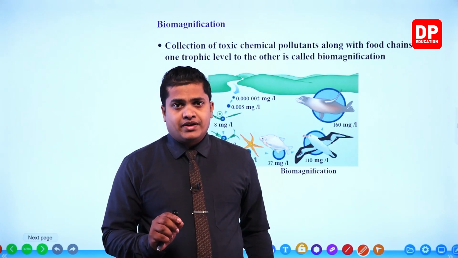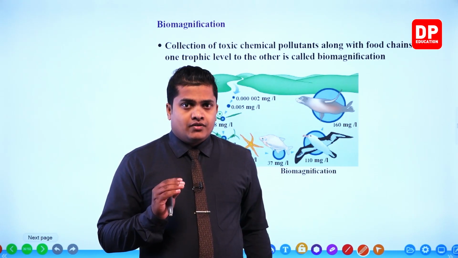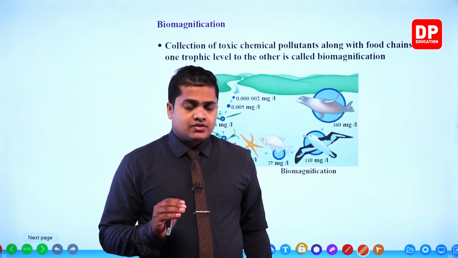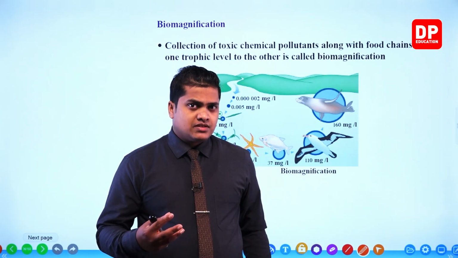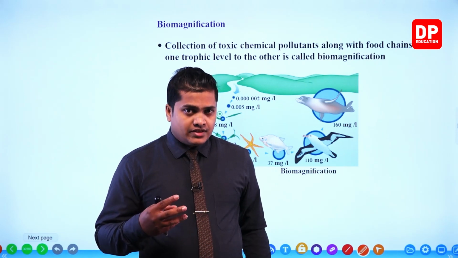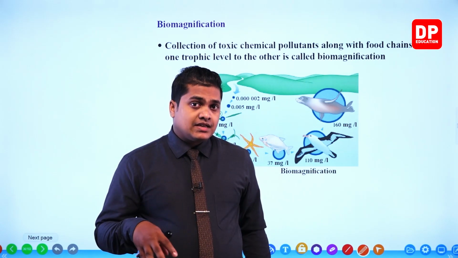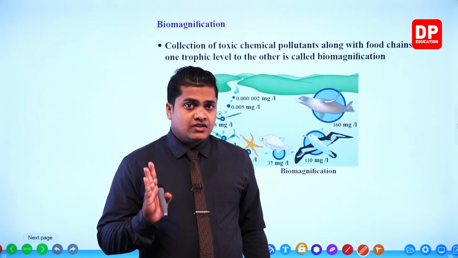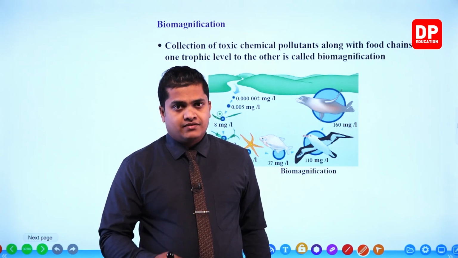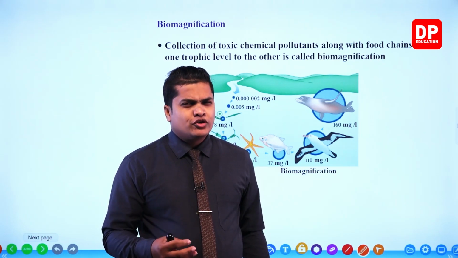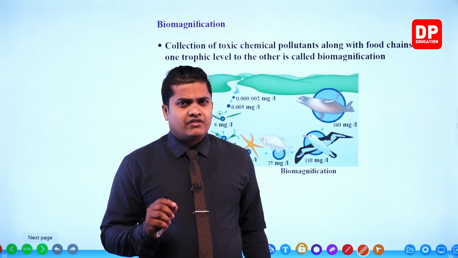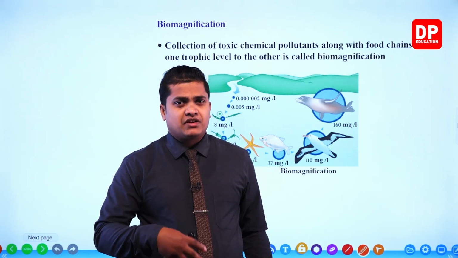The issue is that, my dear children, when these toxic substances are getting collected within each and every organism living within the pond or the reservoir, you know that we are not going to consume just one fish within our lifetime. So we are going to consume several.